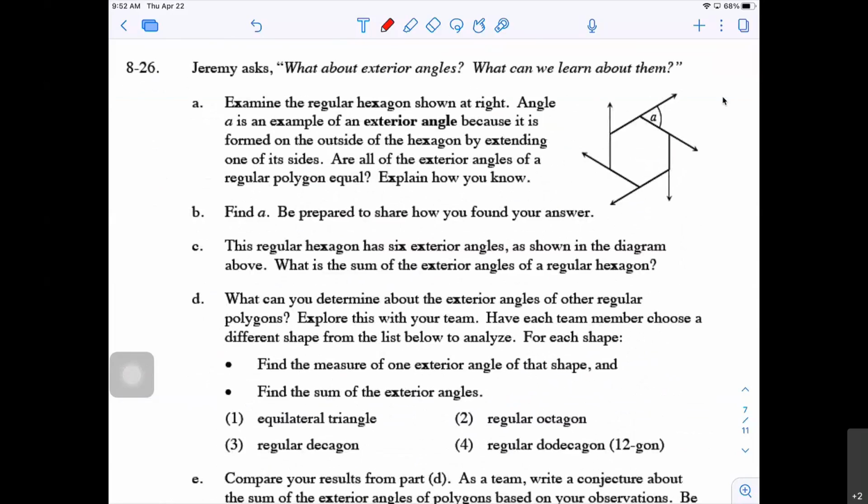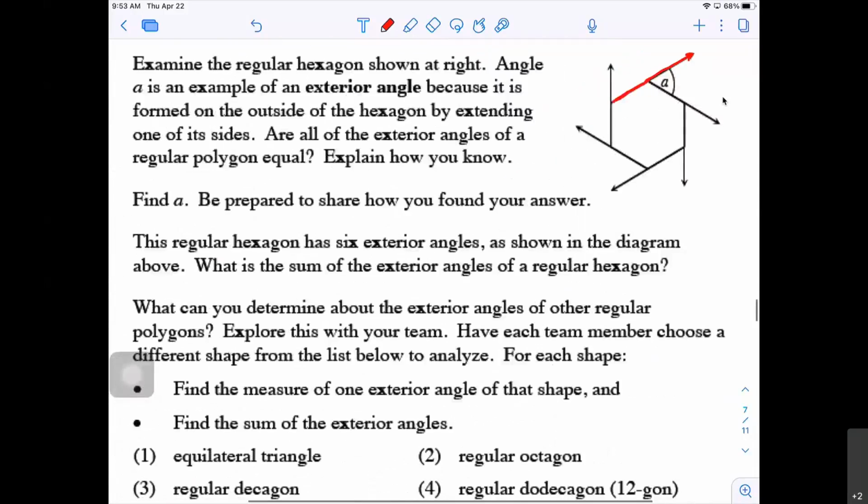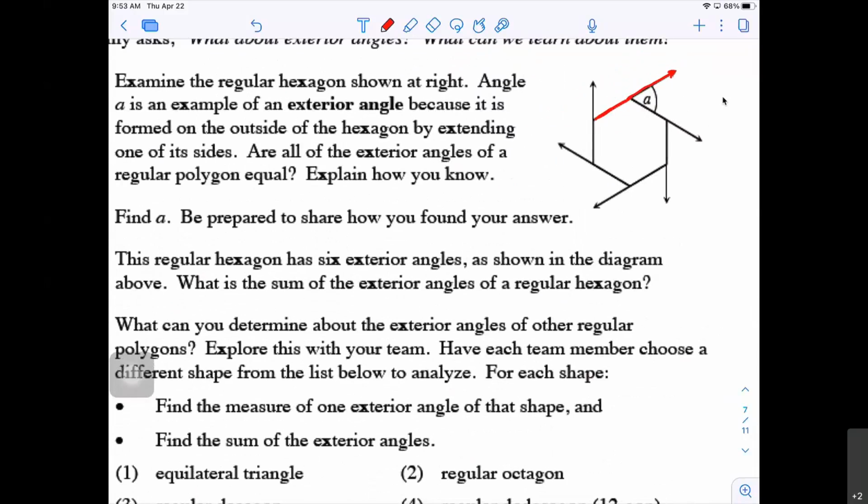Angle A is an example of an exterior angle because it's formed on the outside of a hexagon by extending one of the sides. If you notice in this shape, there's one side of a hexagon, and if I just keep it going, it ends up creating an angle on the outside, in this case angle A. They ask, are all of the exterior angles of a regular polygon equal?